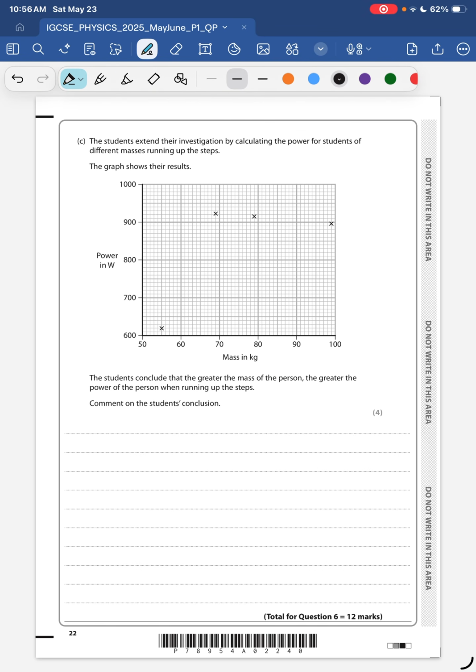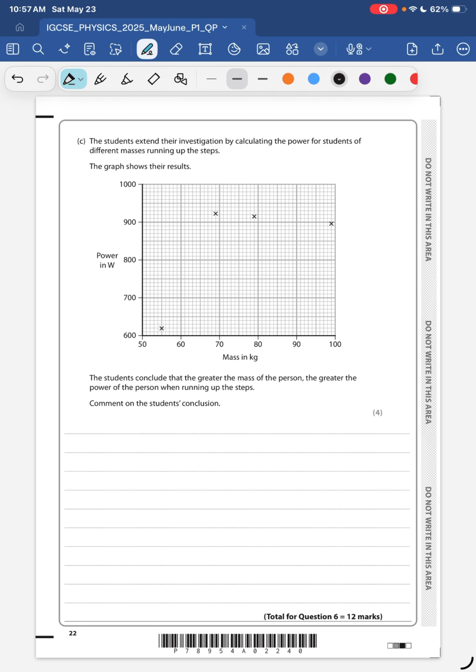C. The students extend their investigation by calculating the power for students of different masses running up the steps. The graph shows their results. They are all over the place, okay? The students conclude that the greater the mass of the person, the greater the power of the person when running up the steps. Comment on the student's conclusion.